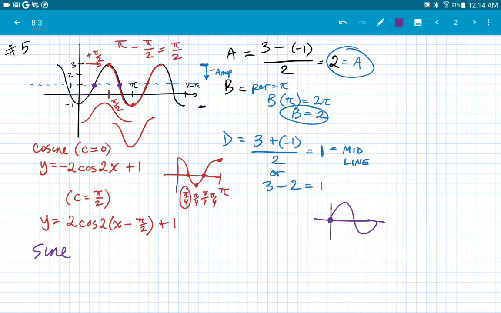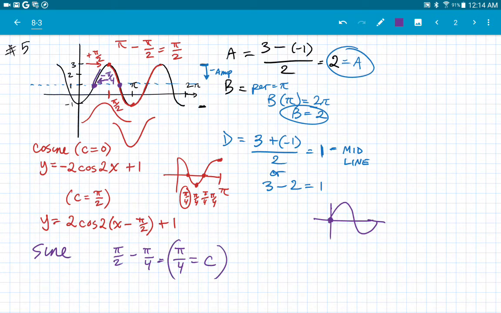Probably what would be easiest to find, I already know that this is pi over 2, so I need to go back another pi over 4. Okay, so if I go back another pi over 4, then pi over 2 minus pi over 4 will give me a distance of pi over 4. So that's going to be my c value, pi over 4.